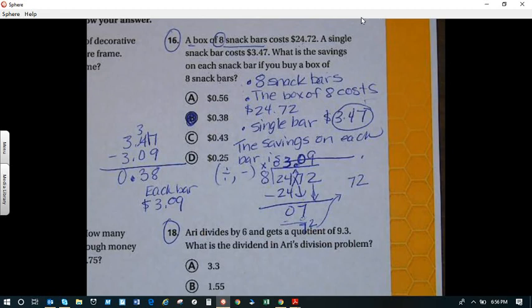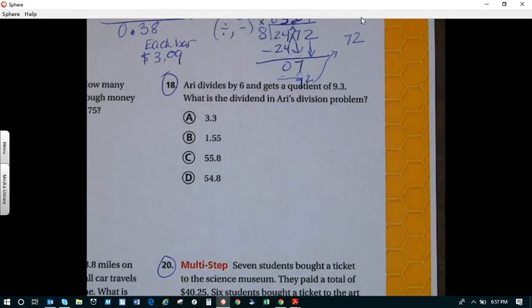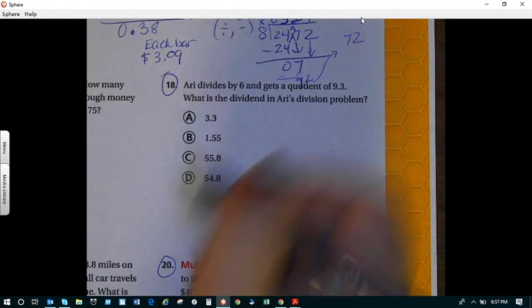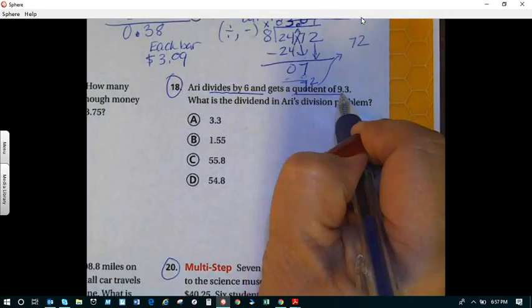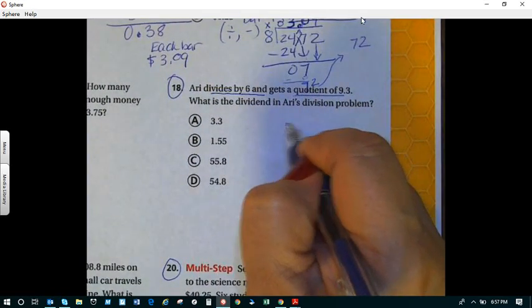Okay, so now let's look at number 18. It says that Ari divides by 6 and gets a quotient of 9 3/10. So what is the dividend in Ari's division problem? Okay, so she divides by 6 and she gets the quotient. Okay, so I want you to think about this.